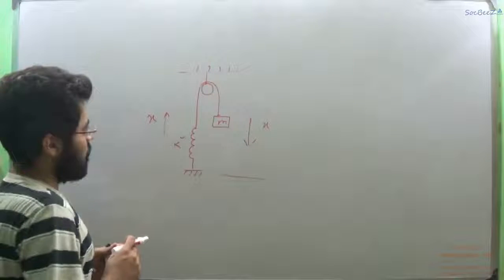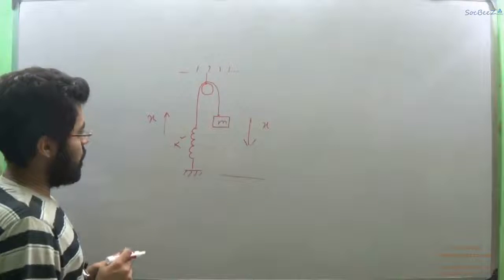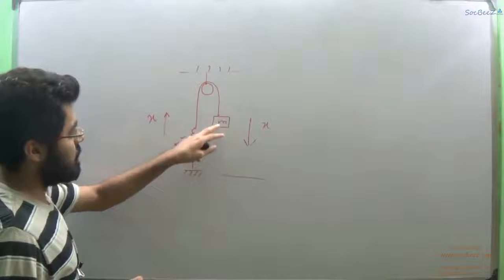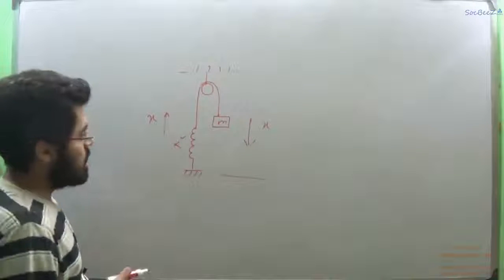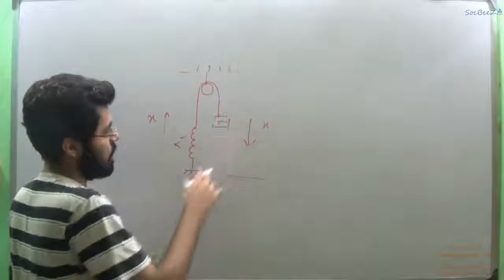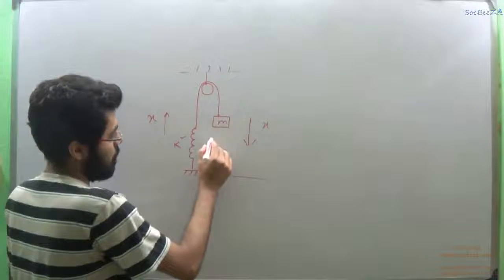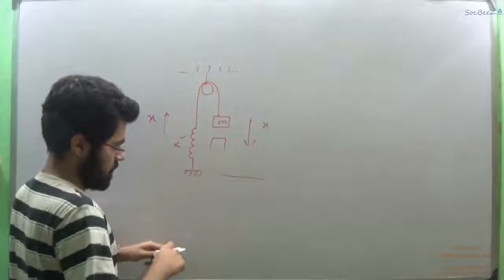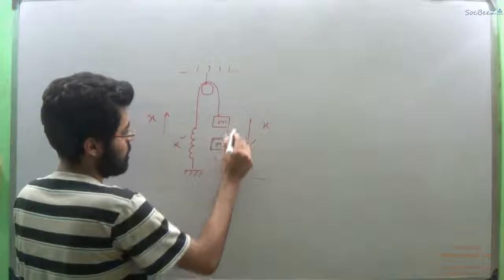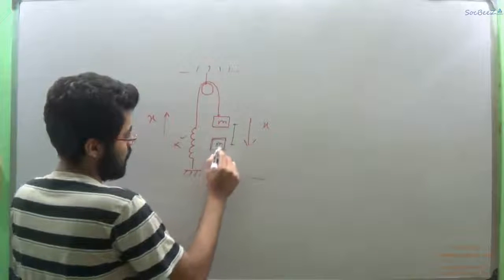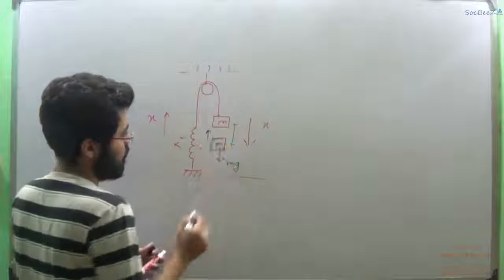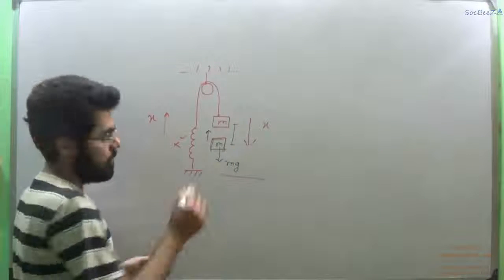Now, if we take a very general look, what we will say? Up to which downward distance will this mass m go? One simple approach can be that if we just let it drop down, there will come a point where the downward force is mg and the upward force is tension.